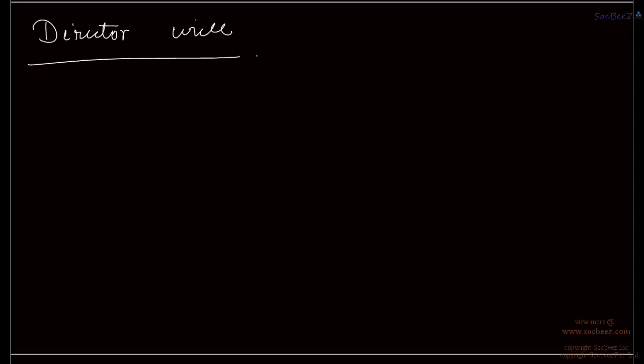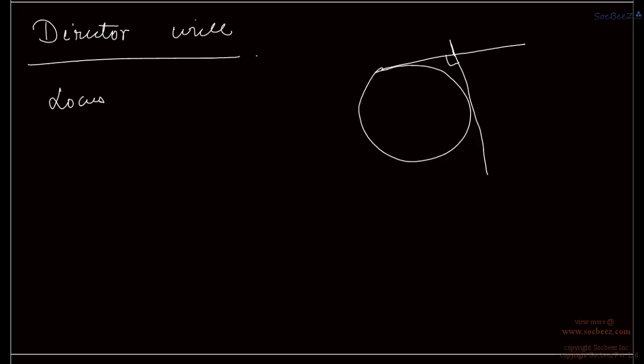One more definition is there: director circle. What is a director circle? Suppose this is a circle and we have two perpendicular tangents. Say one tangent is this and another tangent is this. This is perpendicular to this tangent.